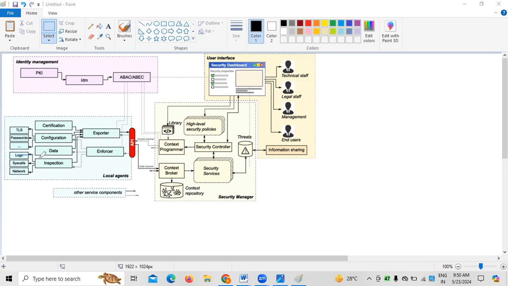For example, when a login process is initiated, we need to check that the login functionality implemented is right and that the credentials are correct, which normally comes under the inspection point of view.